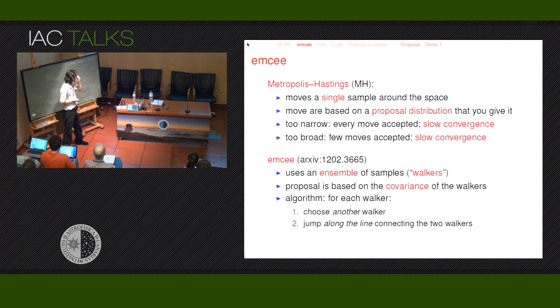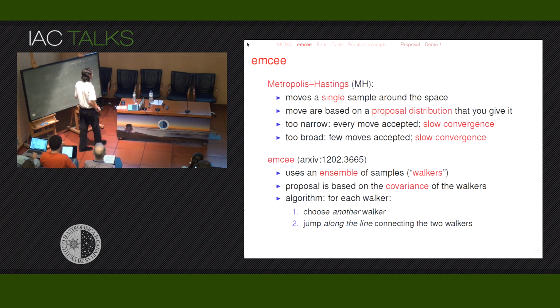So instead of walking a single one that knows nothing about anything else, we're going to walk a group and move according to the positions of everyone in the group. All right, so the nice thing about this is that you don't have to give it a proposal distribution. That just happens automatically.